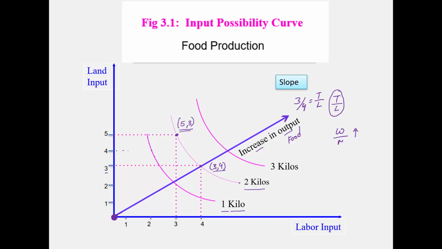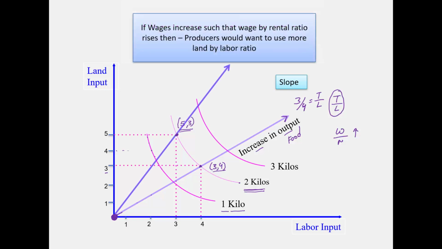So instead of using 3 units of land and 4 units of labor, they might decide to use 5 units of land and 3 units of labor and produce the same amount of output they produced earlier. So in that case, they have changed the land by labor ratio they used to produce food. So you will have another line that is going through that point, and this then represents the optimum land by labor ratio that is used by the food sector.